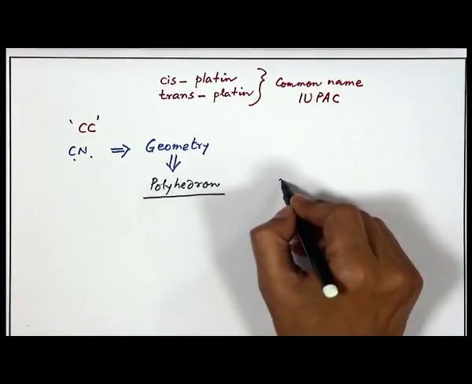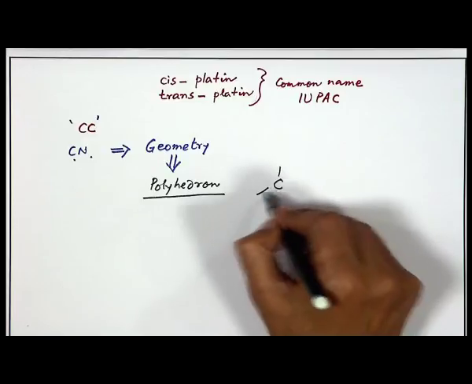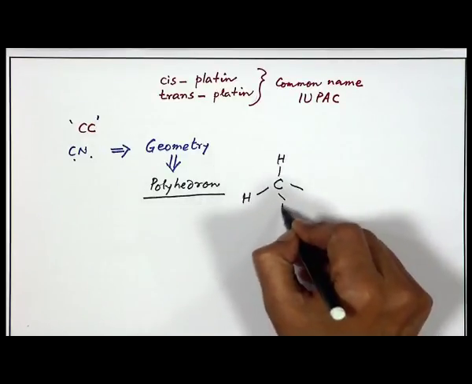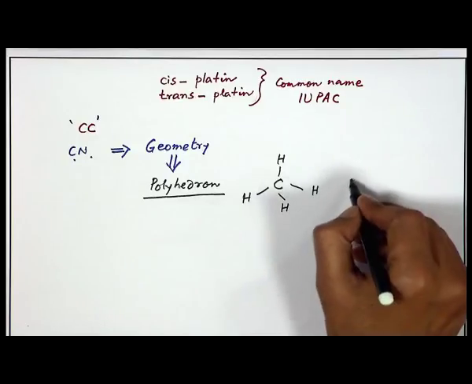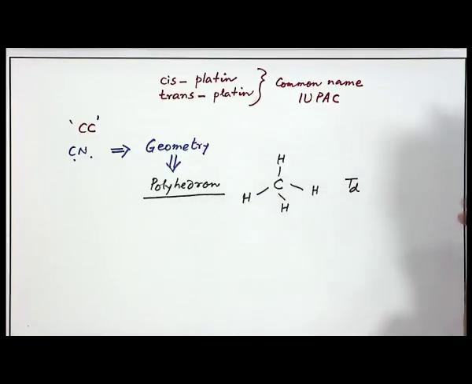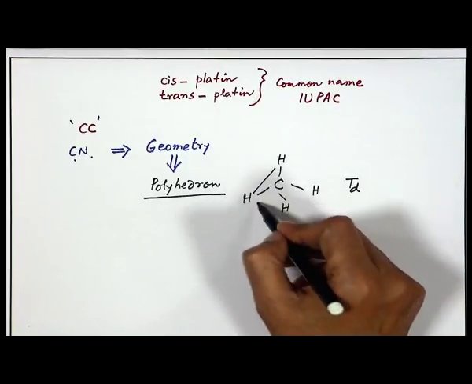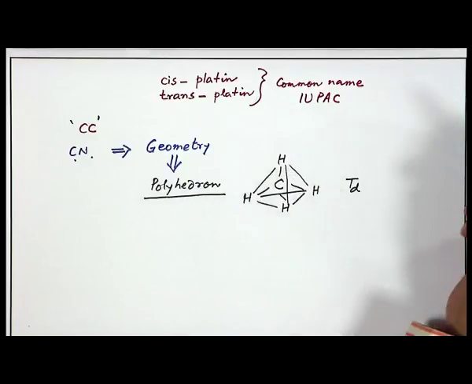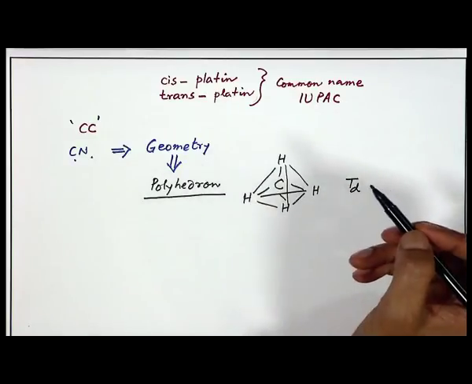As we all know, in methane a particular carbon center is attached to 4 hydrogen atoms, and the geometry, as we all know, is a tetrahedral geometry. So, this is basically a corresponding polyhedral arrangement. So, in this tetrahedral arrangement in space, where carbon is at the center, we get that polyhedral arrangement.